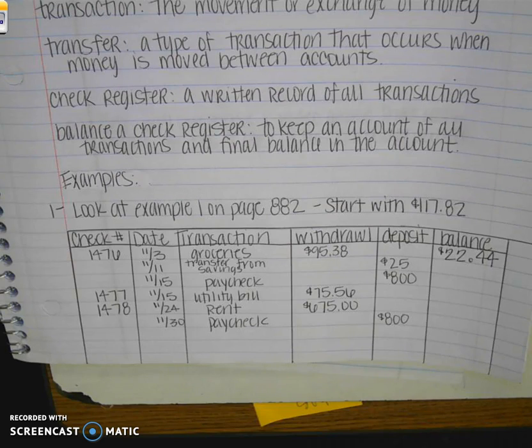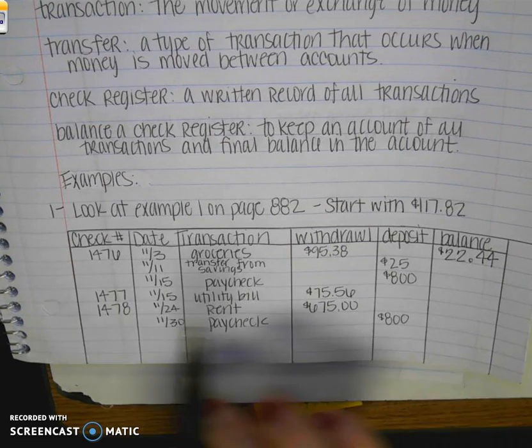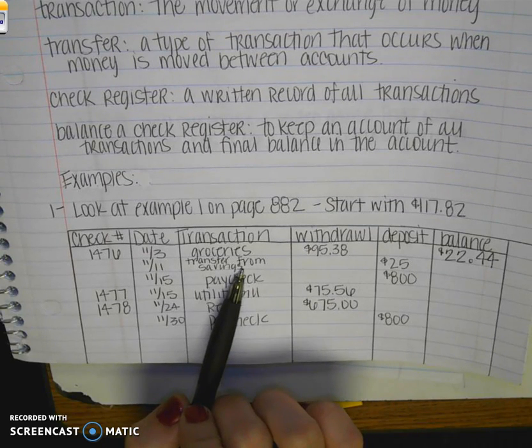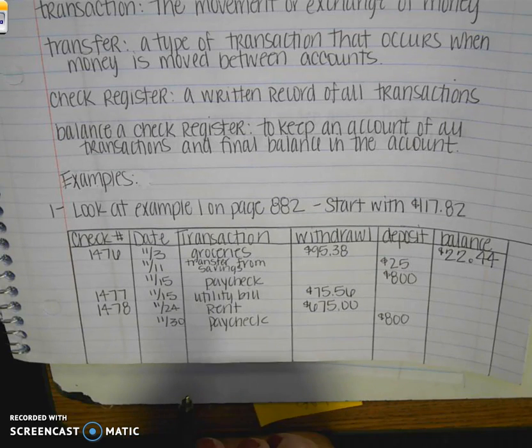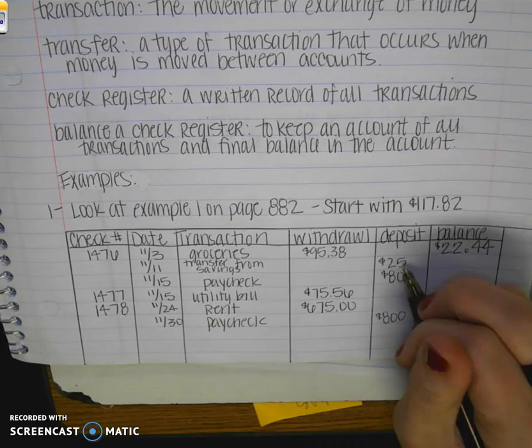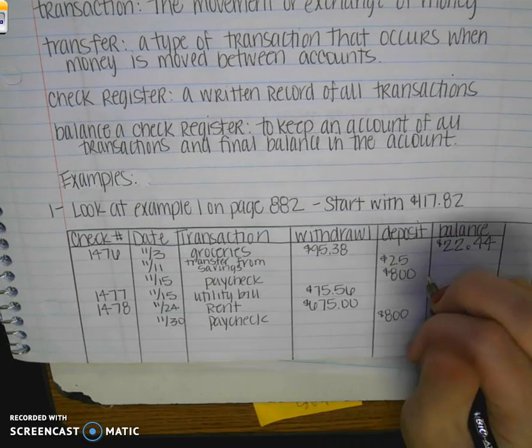Then I'm like, oh no, I need to have a little more money in my account. So I go into the bank on the 11th, and I'm going to transfer some money from my savings. They're going to take the $25 out of my savings account, and they're going to deposit that money into my checking account. And when you deposit it, that means they're going to add that value. So I'm going to take $25 and $22.44, and I'm adding them together.